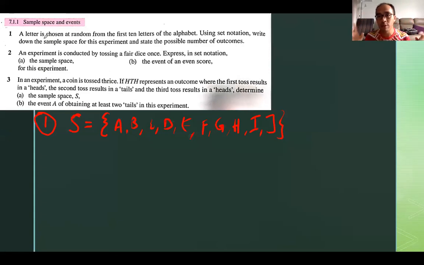You want to choose one letter, so the number of possible outcomes, which we write as the number of sample space, is 10. The point of this question is to teach you how to write the sample space and the number of possible outcomes. We call it n(S), where n stands for the number of the sample space. If it is the number of some event, that's a different story.